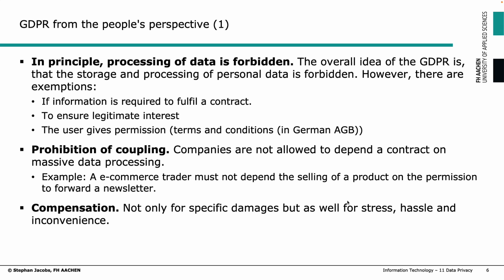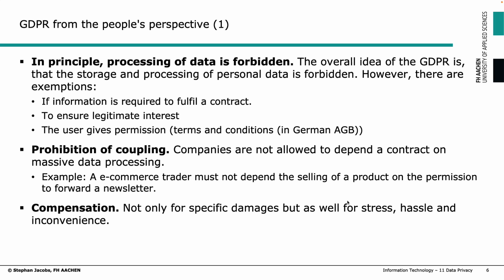So if you, for example, go for the first time to a web page, if you, let's say, register there as a new user, let's say Amazon, then you will always have to accept these terms and conditions. And by that, you allow the company to process, collect and store data about you. But the principle is the companies have to first ask you.